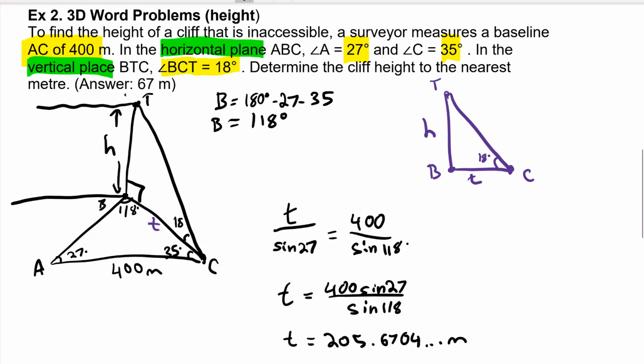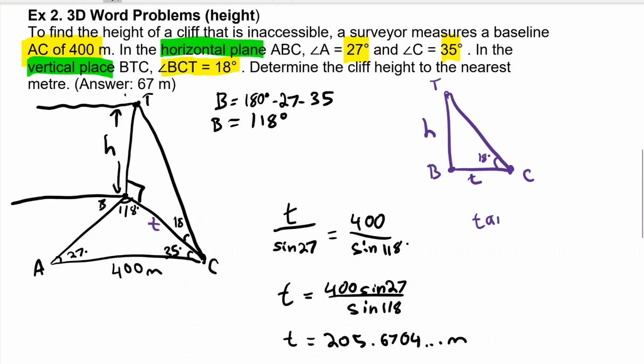I now know what t is, so I can use t in my vertical triangle to solve for h. So I have h and t, that's the opposite and the adjacent of my angle 18 degrees here. I'm going to use the trig ratio that has the opposite and the adjacent in it, and that is tan.